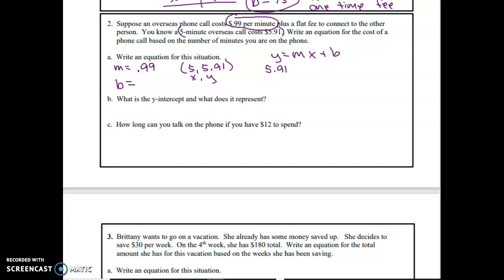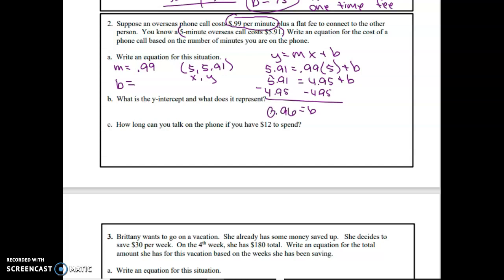591 equals 99 cents times 5. 99 cents times 5, use your calculator. 495. Solve by subtracting. And I get B equals 591 minus 495, 96 cents.